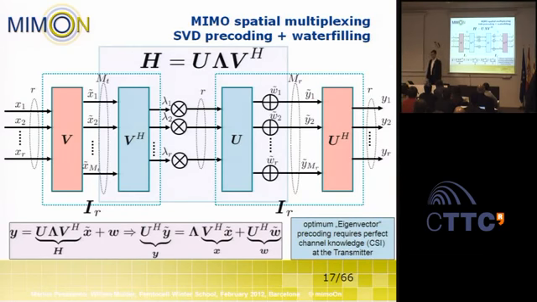So if we look at the textbook, we know that if we have a MIMO channel, in order to achieve the capacity, the optimum transmission scheme would be basically to convert the MIMO channel into a set of parallel channels. This can be done, for example, by a linear transformation at the transmitter and at the receiver, and also a proper power allocation to the different streams.